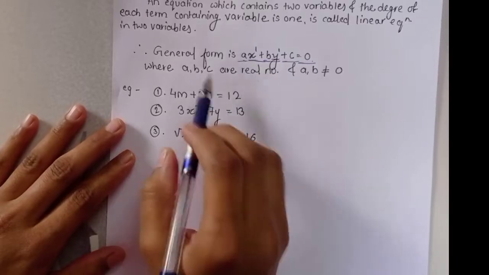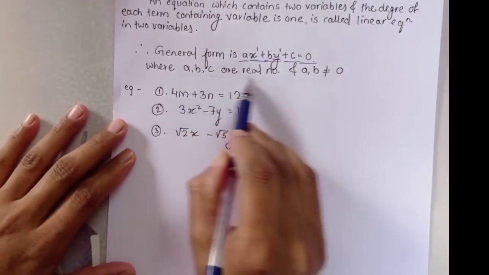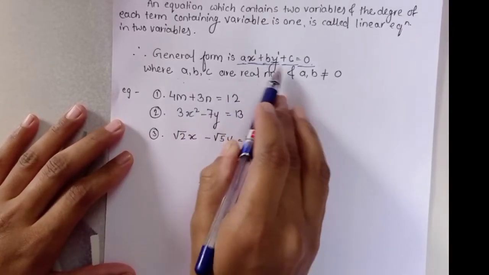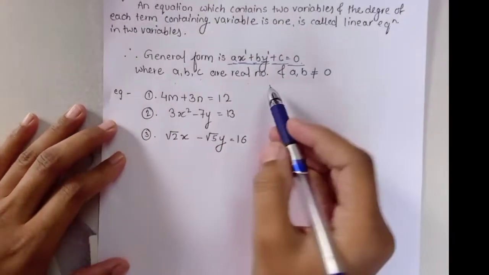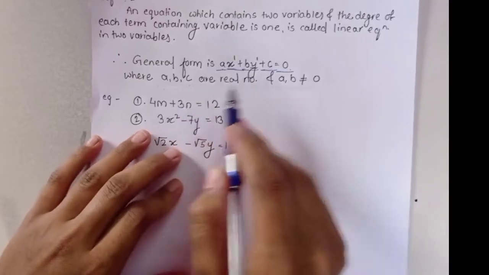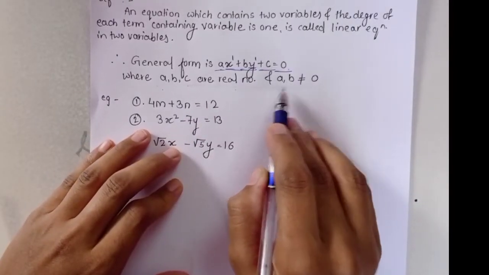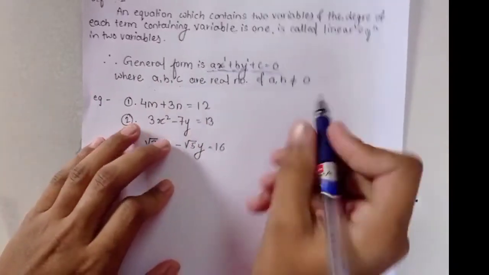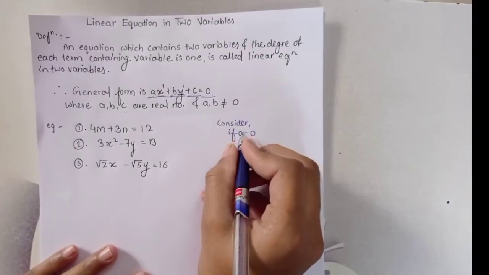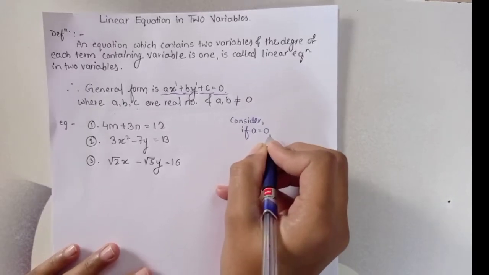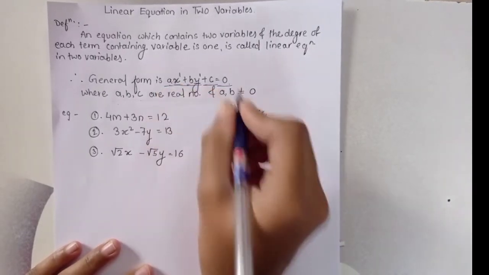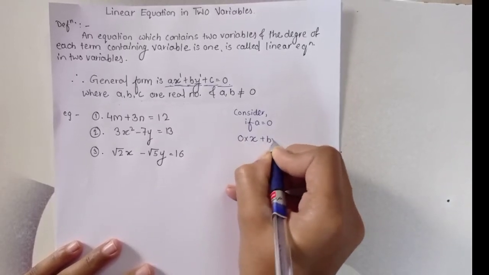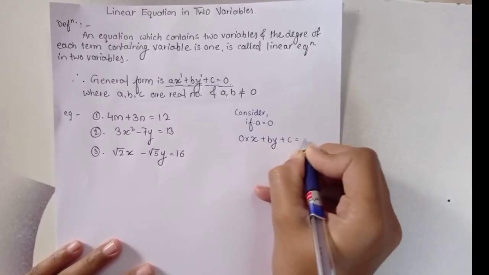Now why is this condition applied to this equation? a, b and c should be real numbers. It's compulsory because they are the constants. And here a and b, any one or both of them should not be 0. Because consider if a is equal to 0, then the above general equation will become 0 into x plus by plus c is equal to 0.